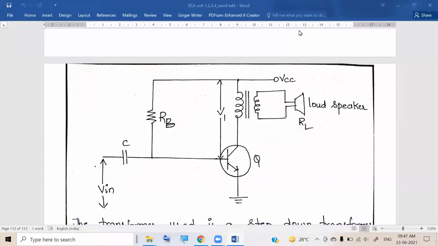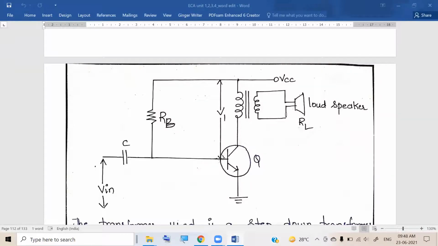Same logic here also. We have two currents, base current and collector current. In a transistor, when it is operating as an amplifier, it is in the active region. So the base current is less.